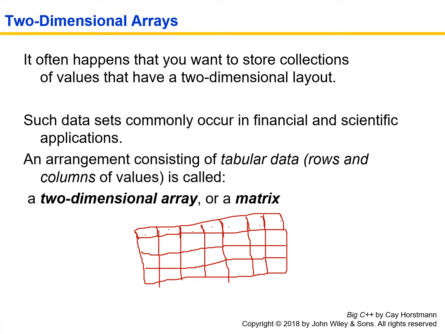It might be scientific data gathered from a grid of different locations. It might be literally geographic data where one dimension is longitude and the other is latitude. There are a number of situations where you might find yourself working with two-dimensional data.